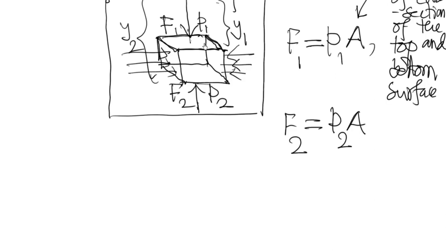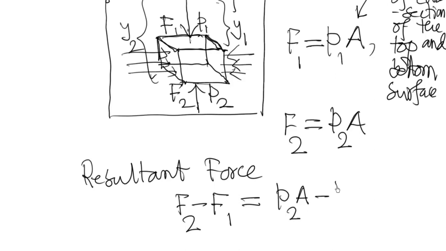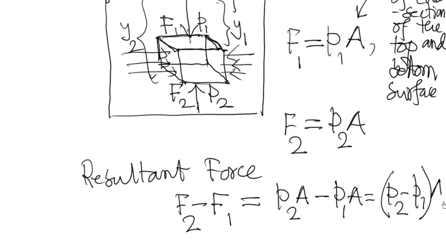So the force on the bottom surface will be larger than the force on the top surface. So the resultant force is P2A minus P1A, and if you take A common, P2 minus P1 into A, and this is upward.